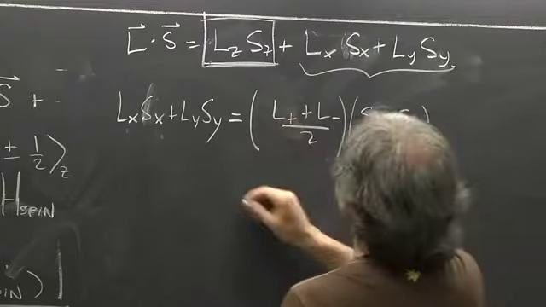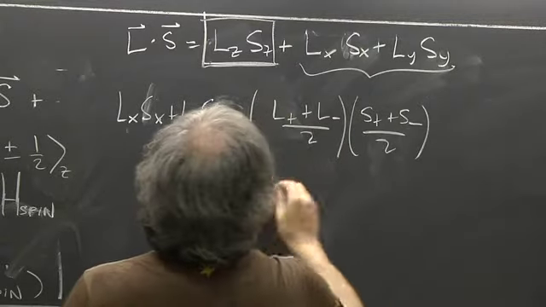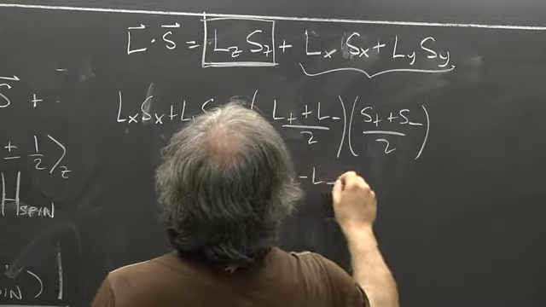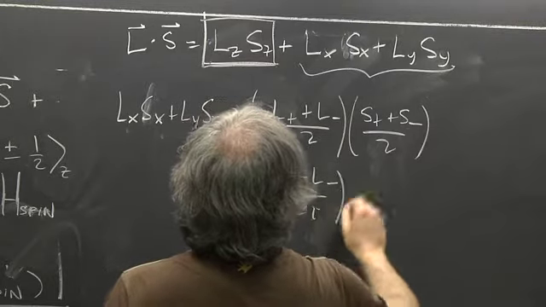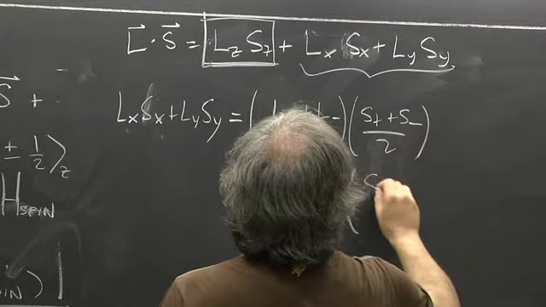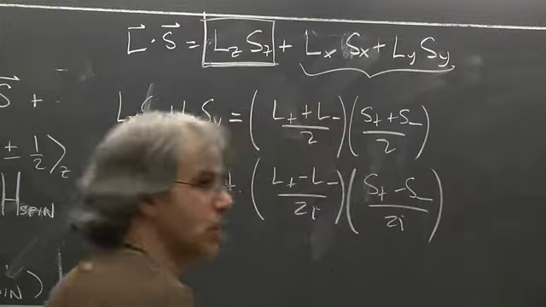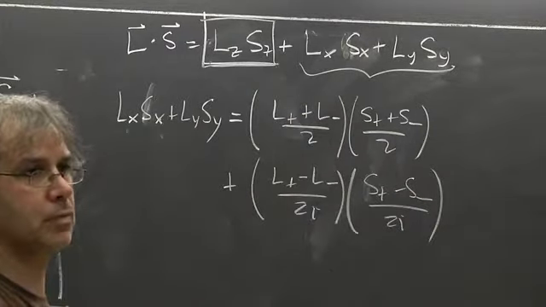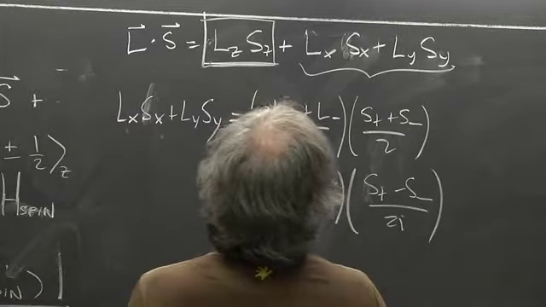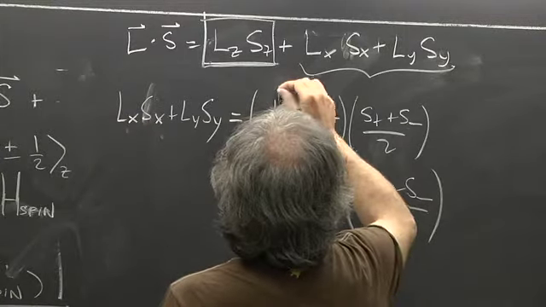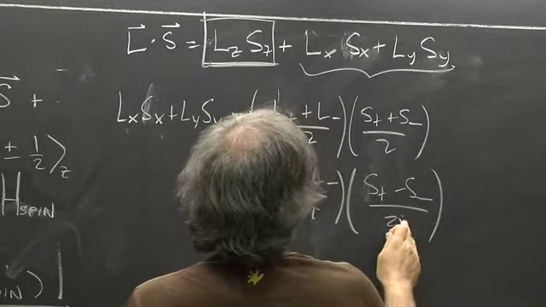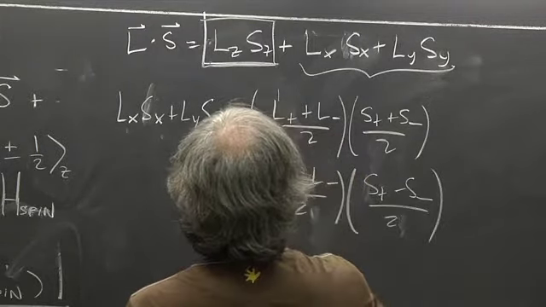Then I have an extra term that is plus (L plus minus L minus) over 2i times (S plus minus S minus) over 2i. Are you following? Okay, let's see. First of all, i times i is really a minus 1, so let me put the minus 1 here.